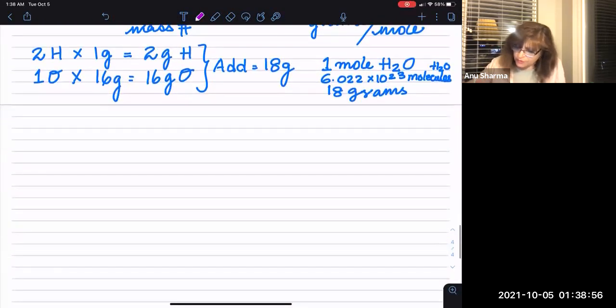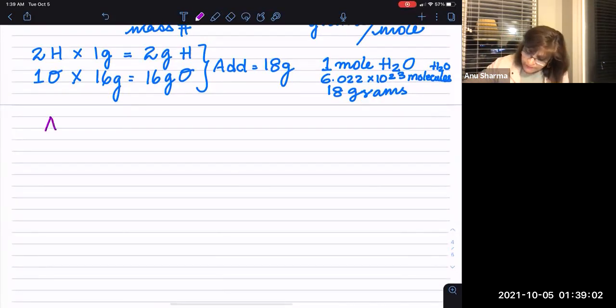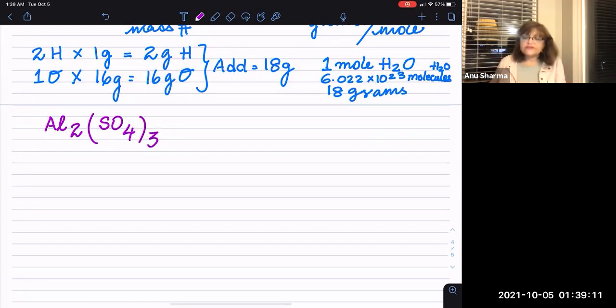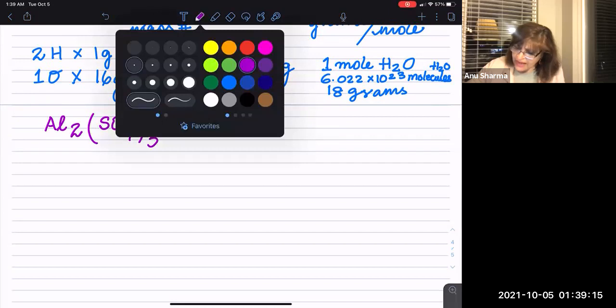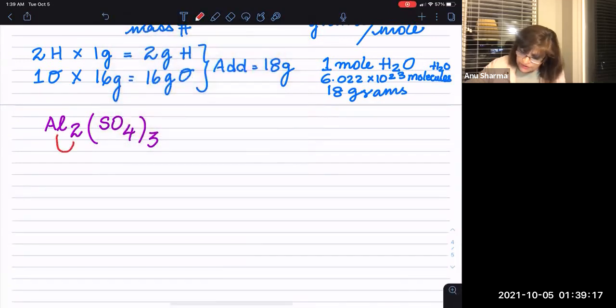Let's look at a few more examples. Let's look at the example of aluminum sulfate, Al2(SO4)3. What does this mean? The 2 applies to aluminum, and the 4 applies to oxygen.